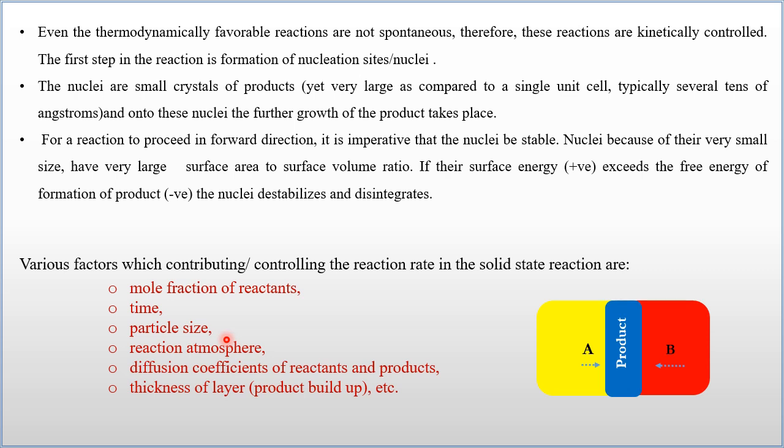If the atmosphere is air, there is also some CO2, because it is one of the significant constituents. So the extra CO2 which is present there may reduce the rate of reaction in accordance with Le Chatelier's principle.